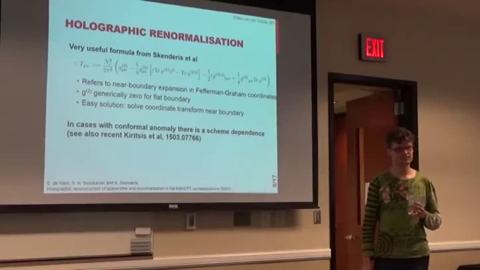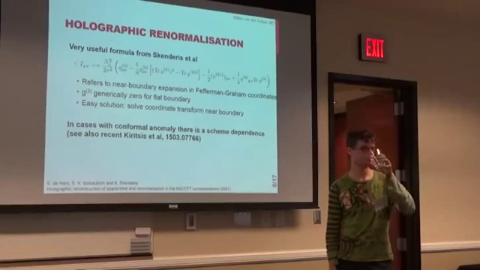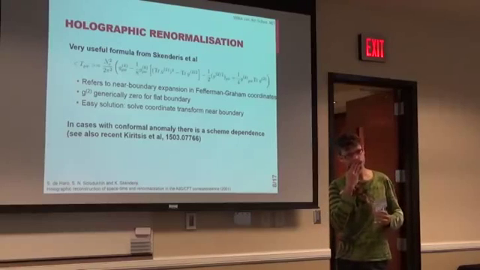So for example, let's say I break it with some scalar operator, with some nontrivial scaling dimension. If I turn on the source for that operator, that will appear on the right side of that Ward identity. There also could be a term that, when you integrate it, should be conformally invariant. So for example, the Lagrangian of a scalar in 4 dimensions. So this can also appear.